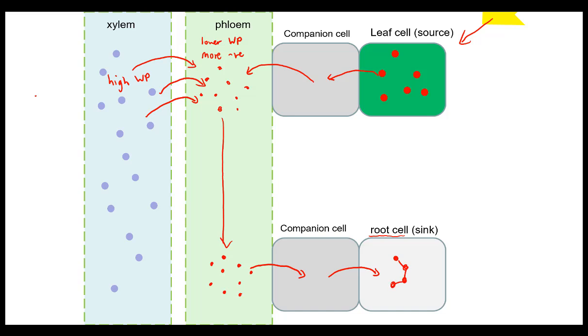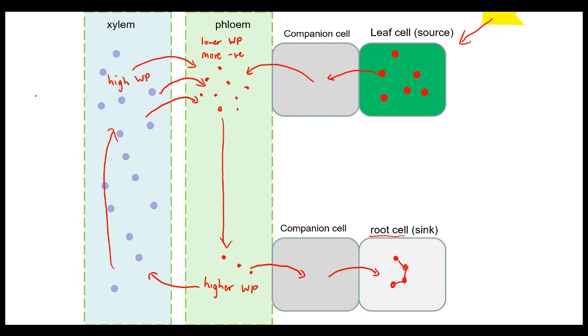Now, because we've just got rid of that sucrose there, we now have a higher water potential here, and the water molecules move back there, and they move up through the plant because of the transpirational pull and the cohesion tension theory. So that was translocation.